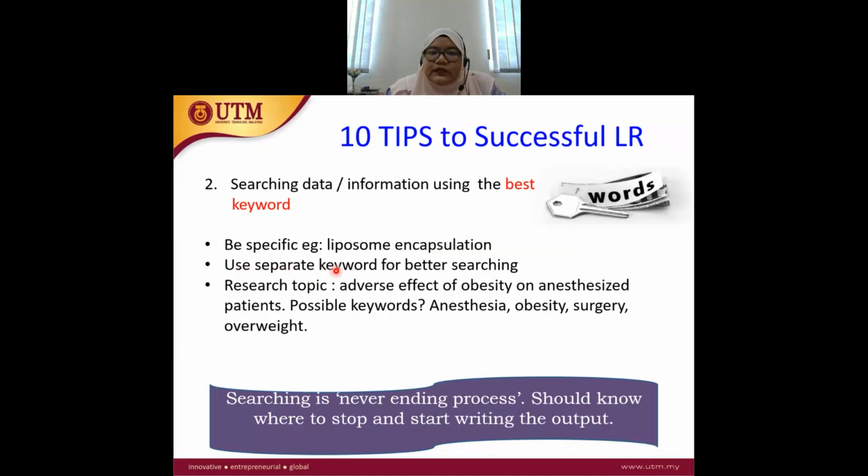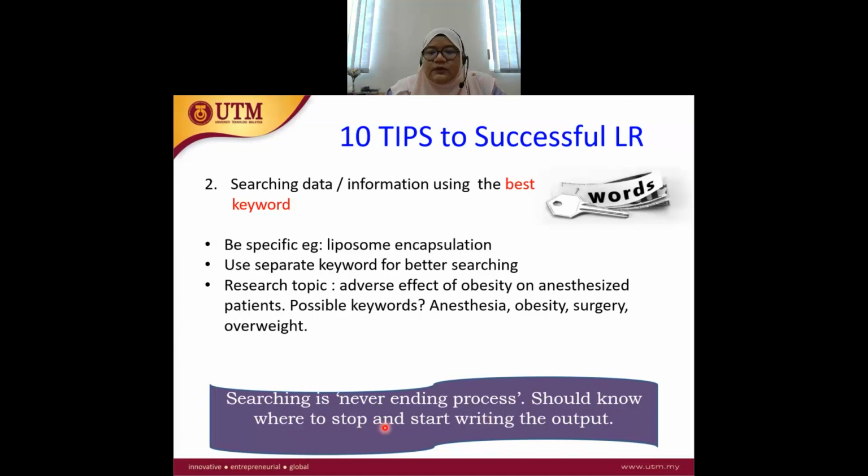Third, use separate keywords for better searching. For example, the research topic here is adverse effect of obesity on anesthetized patients. So the possible keywords here are anesthesia, obesity, surgery, and overweight. So you are searching one by one. Searching is a never-ending process.